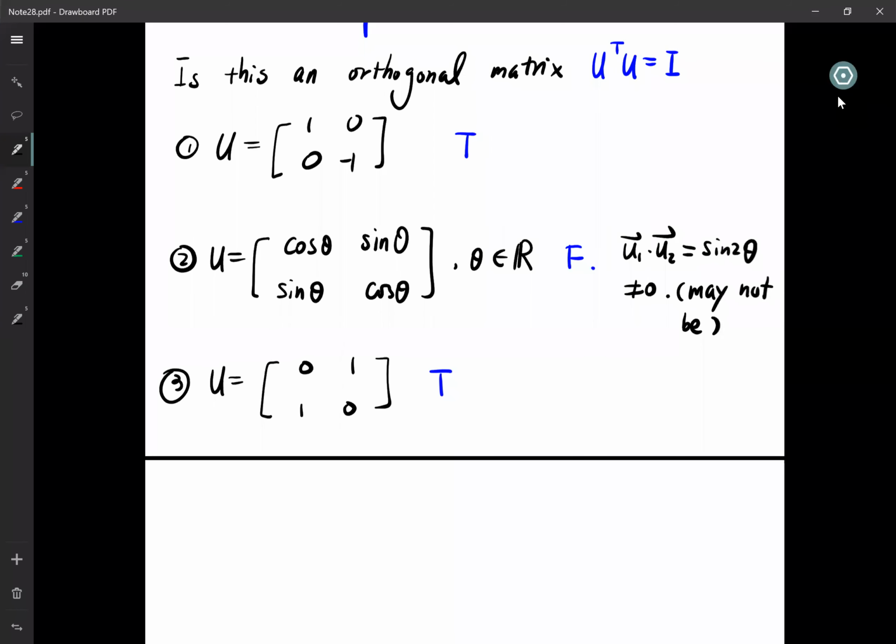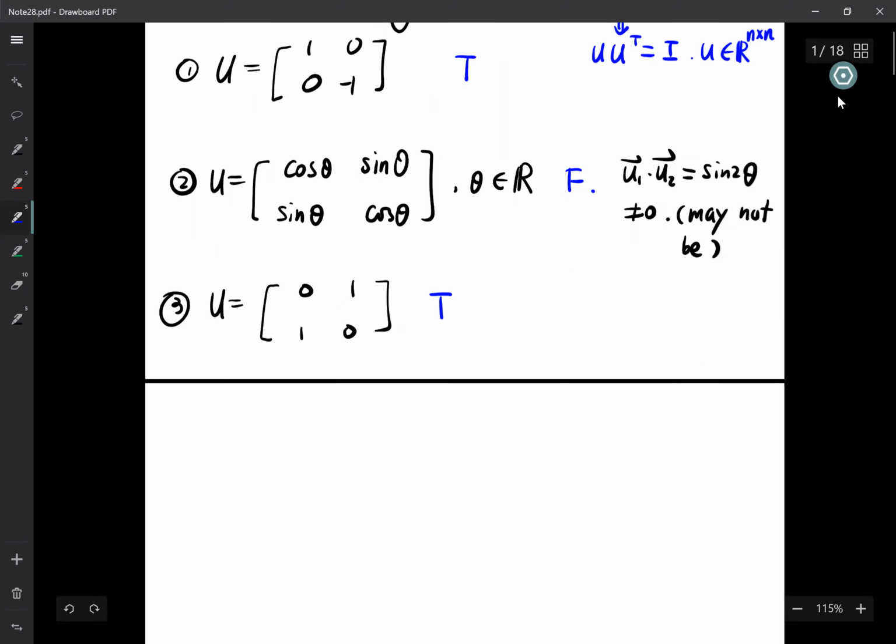This is because this means U inverse is U transpose, and therefore this is equivalent to U U transpose being identity, which means the rows are orthogonal. But this only applies for square matrices, n by n. That's right. It's very important that U is an n by n matrix. Thank you. You're welcome.